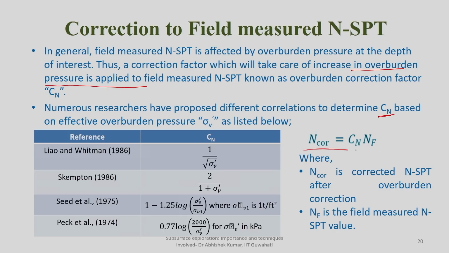N corrected equals the overburden correction multiplied by the field recorded SPT N value. Different people have given different overburden correction factors, where sigma V' is the effective stress at that particular depth. You put it here, you will understand the value of Cn, apply it to the field recorded SPT, and you will get the SPT corrected for overburden.